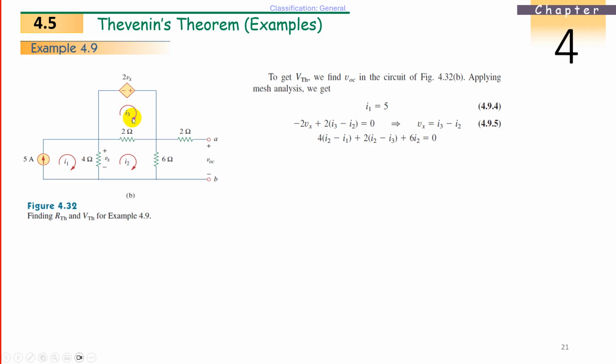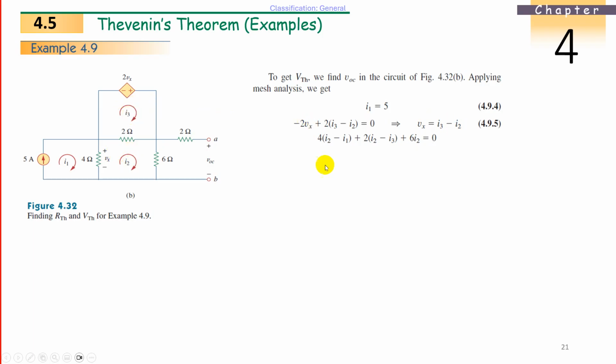This is the current leaving this plus terminal, so minus 2 Vx, plus 2 I3 minus I2, equal to 0. Rearrange: Vx is equal to, 2 will cancel, I3 minus I2, from the second equation, this loop.